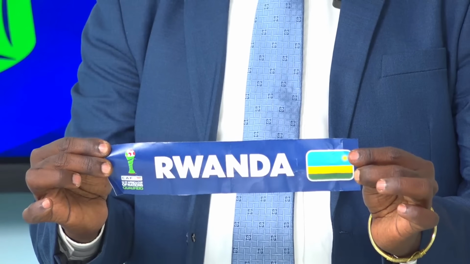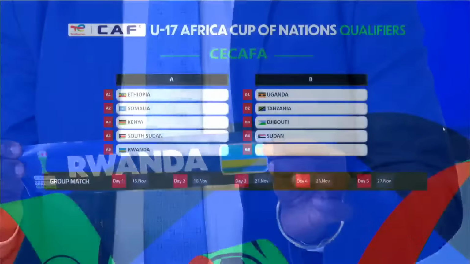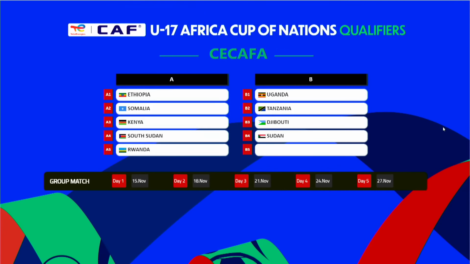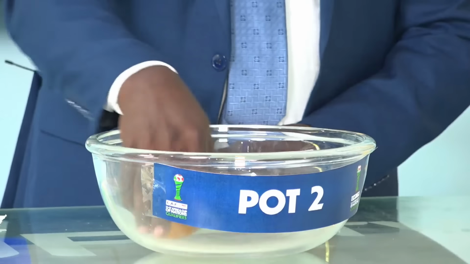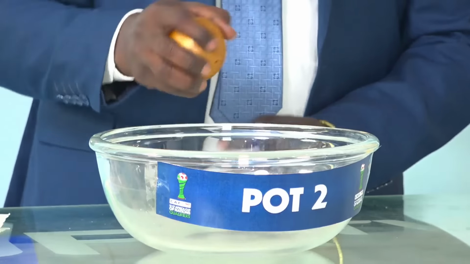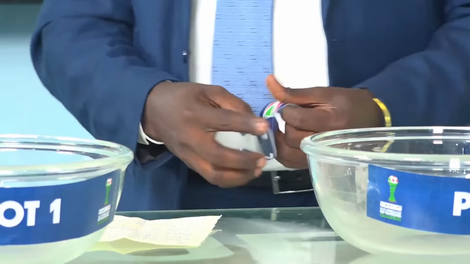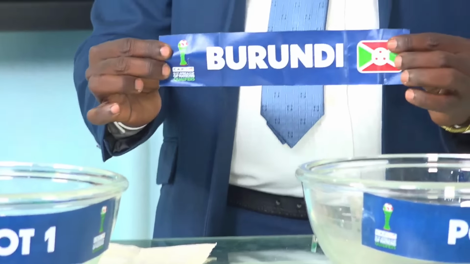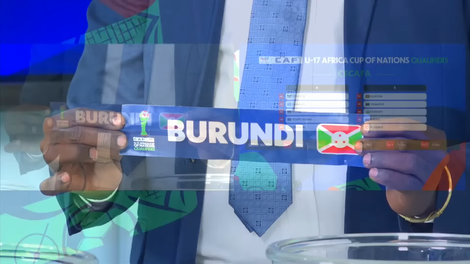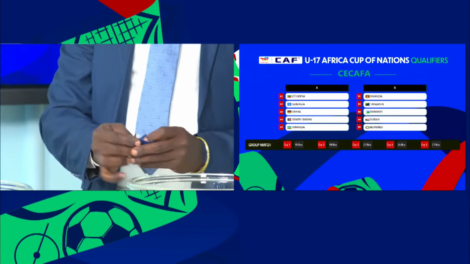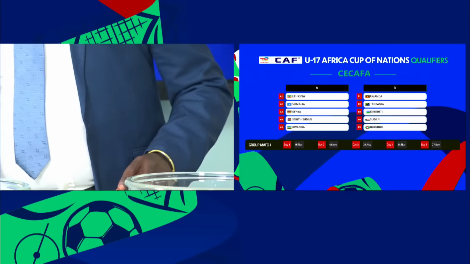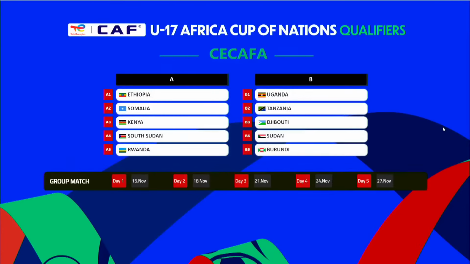Rwanda joins Group A as A5 to complete Group A. The remaining ball in Pot 2 will obviously go to Group B as B5, and that is Burundi. So that completes our two groups, 5 teams in each group, A and B.